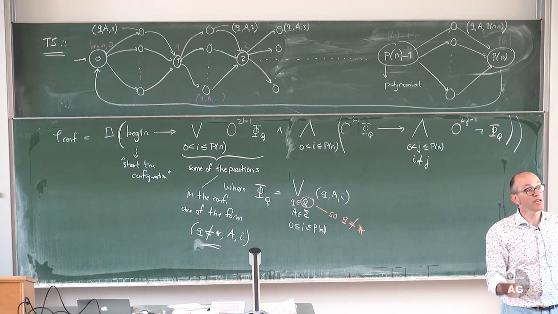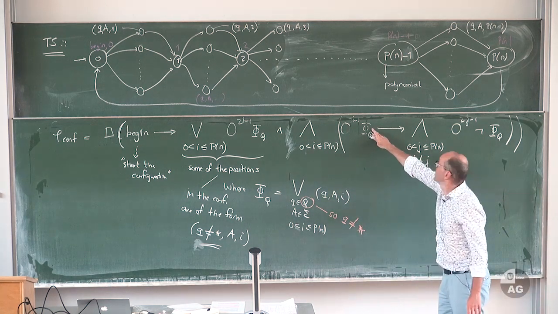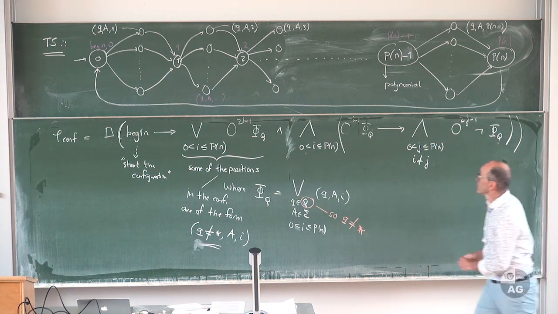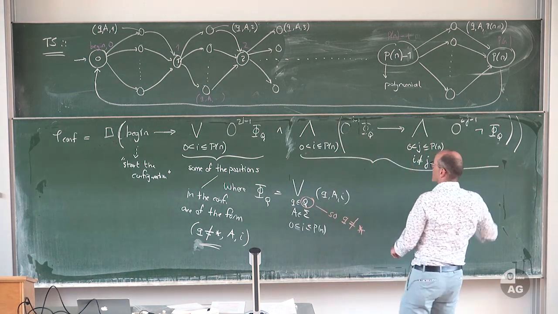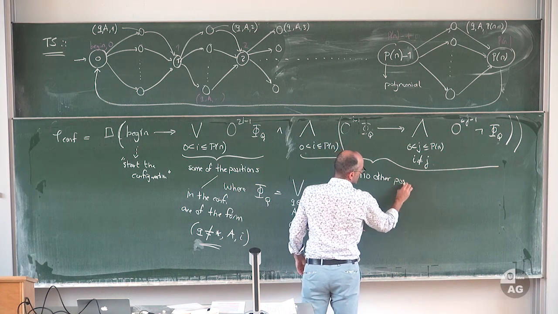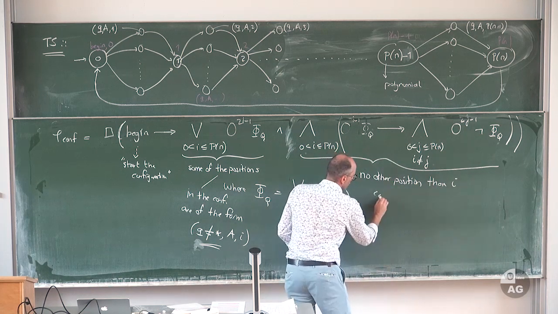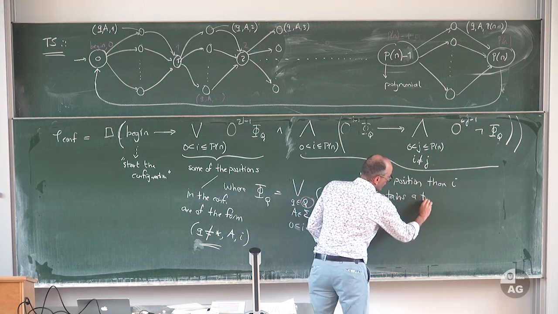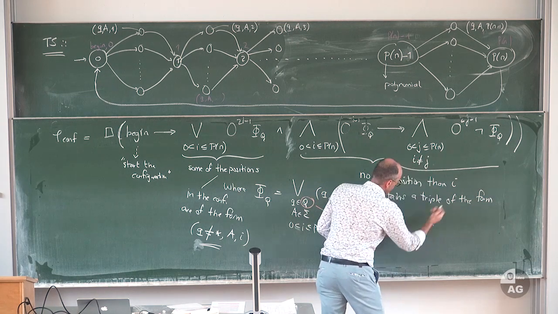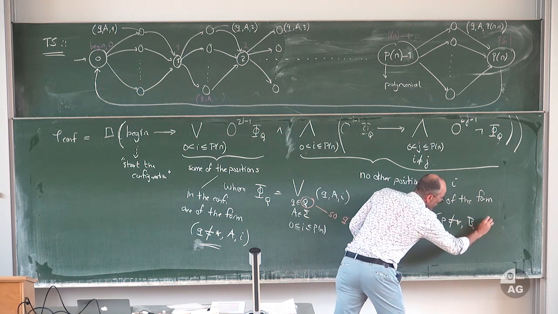What else do we need? We need that it is exactly one. That's what this part tells you. So if this thing holds, there is no other position at which the same thing holds. So this says no other position than i contains a triple of the form p different from star, some symbol b, some position j.